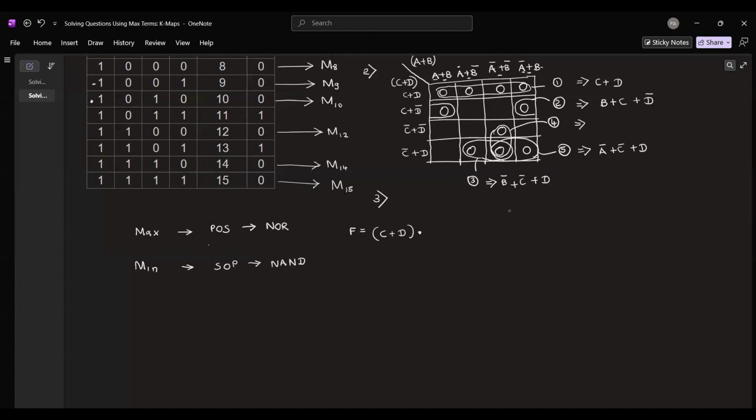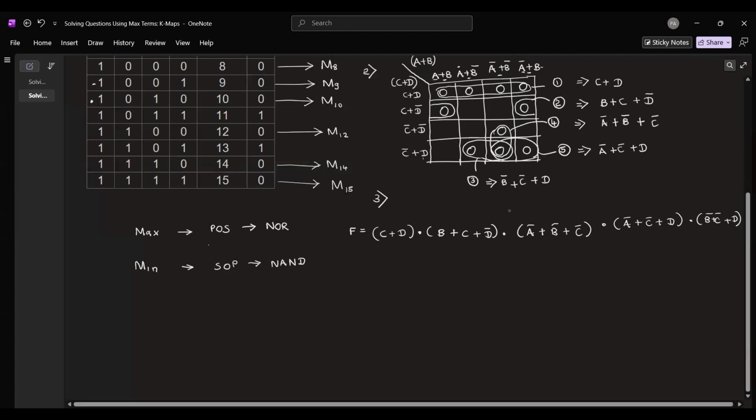And finally, for the fourth group, since it's in the column direction, A bar plus B bar will come. In these two, we know D bar and D will cancel out, so C bar will be the remaining part. So if I combine all these, we will get B plus C plus D bar into A bar plus B bar plus C bar into A bar plus C bar plus D into B bar plus C bar into D.